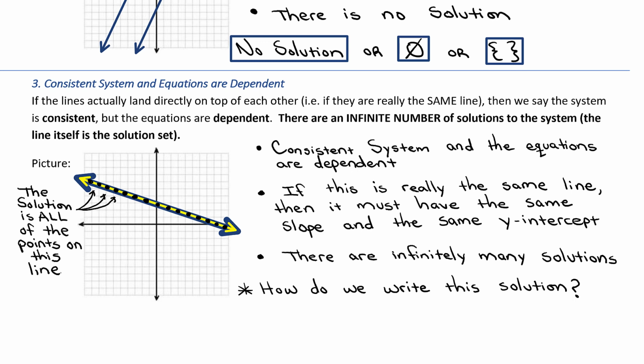So let's go ahead and write that solution set. Why don't we start off by writing the solution set first in set builder notation. First off, we need to know the equation of this line if we want to do that. Let's give this line the equation y equals -1/2 x plus 3. I think that's pretty close. It looks like that would work for this line.